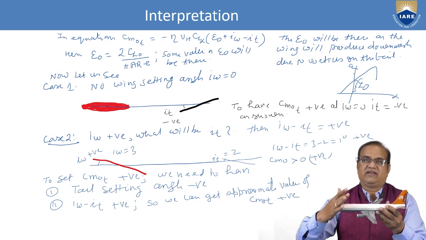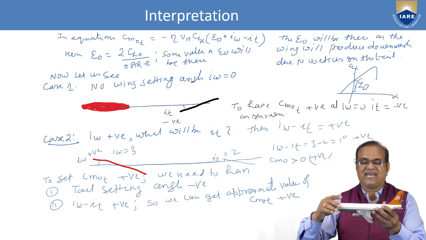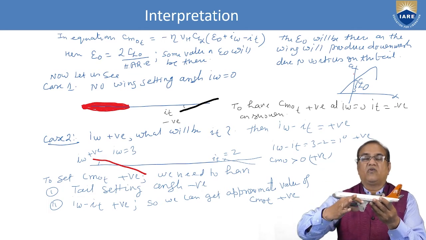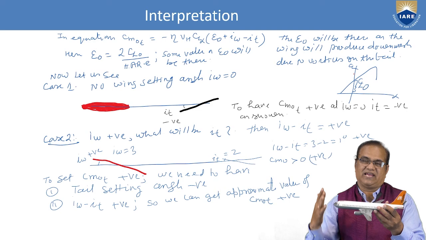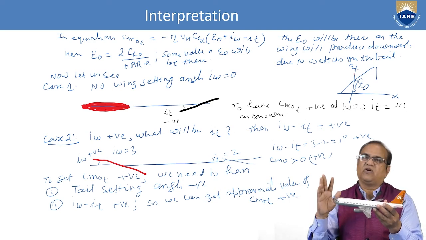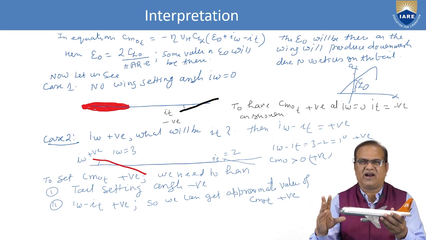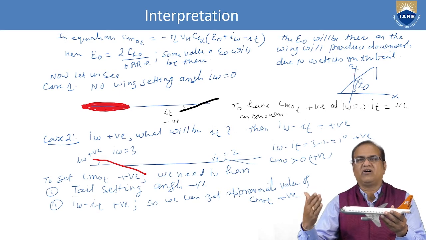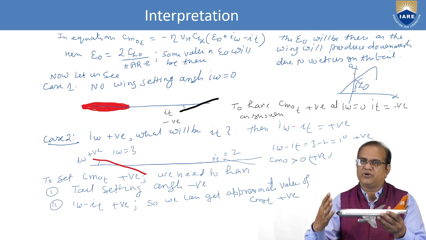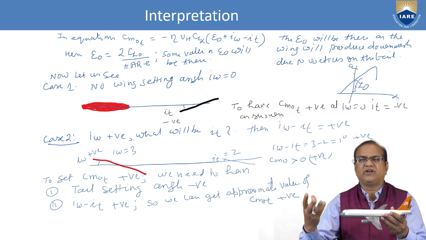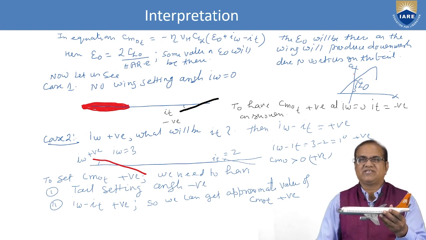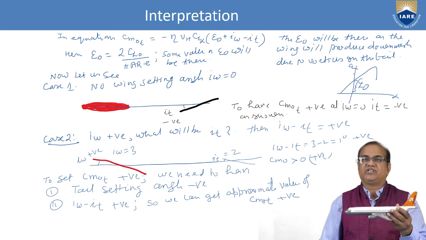If this is there, then what will be there? And second case, if your wing is at a positive angle of attack. Normally, we always put the wing at a positive angle of attack, some 2 degree or 3 degree. But here is a very good interpretation of this equation which we have received.